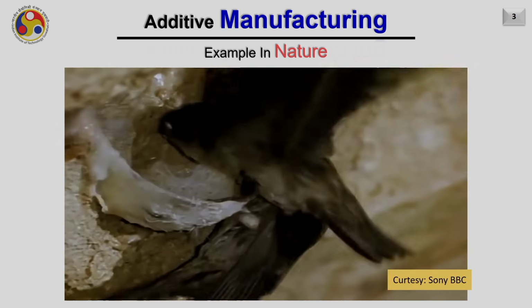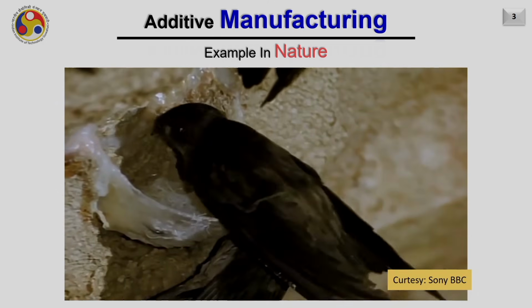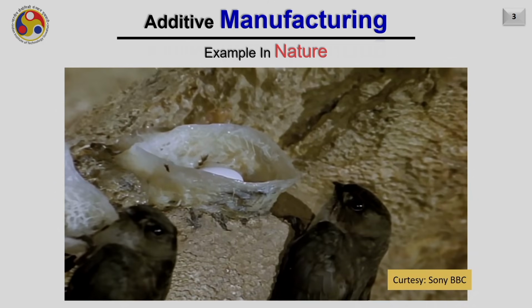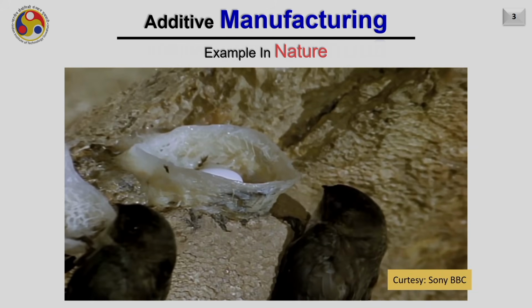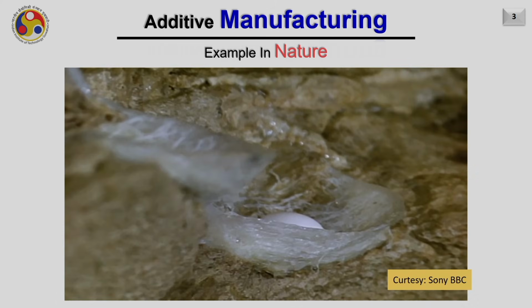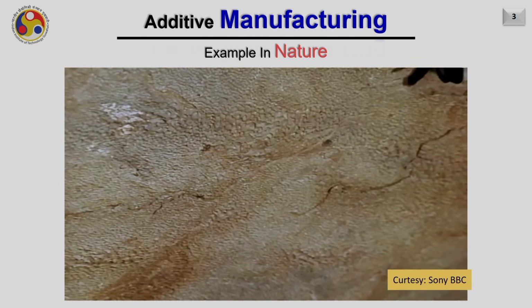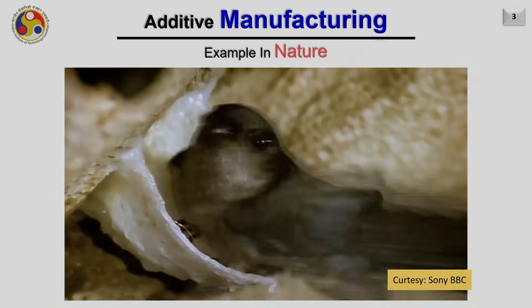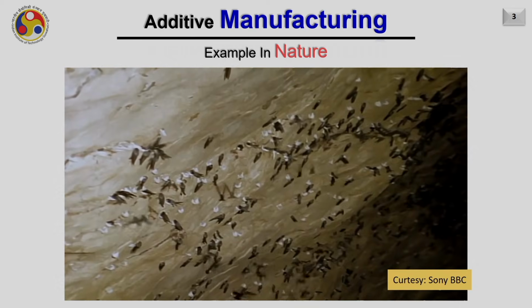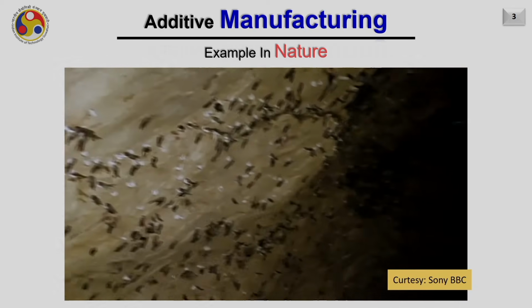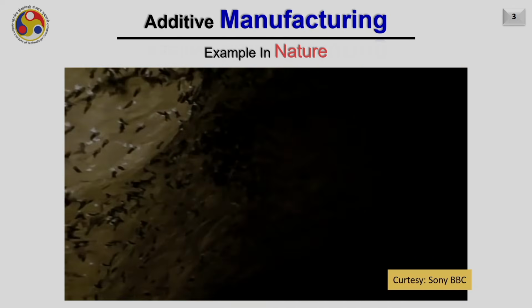The birds fabricate the large overhang of the nest by appropriately tilting the beak, which can be considered as the deposition nozzle. Each bird has its own nozzle and art of manufacturing the nest. Therefore, it can be considered an excellent example of producing customized objects through additive manufacturing technologies.